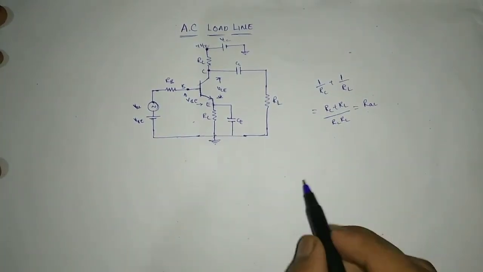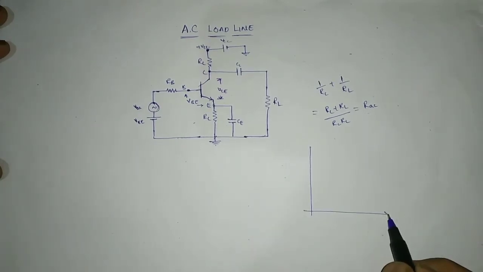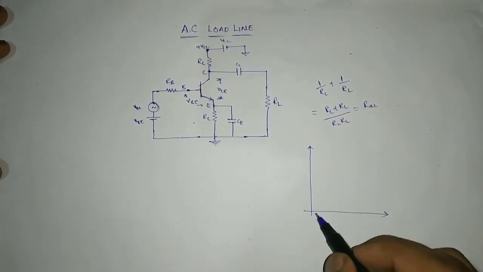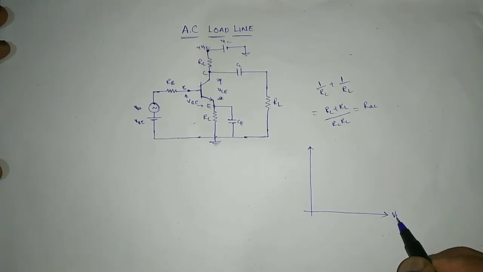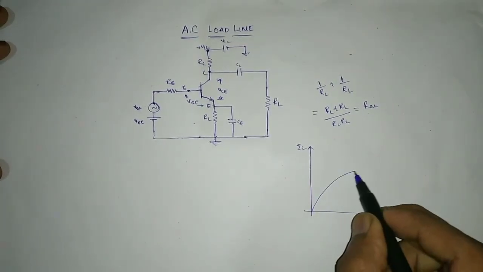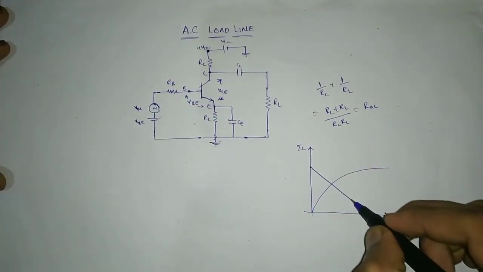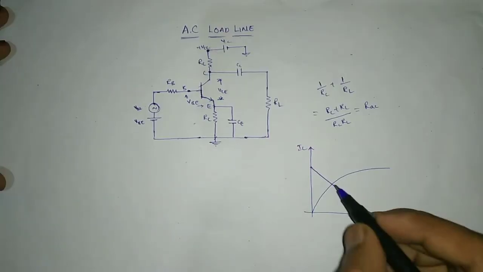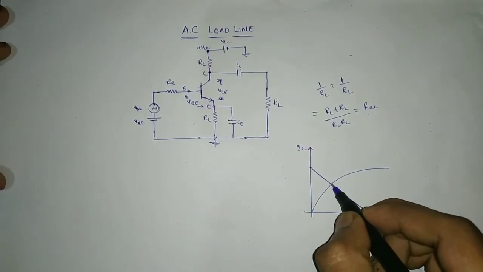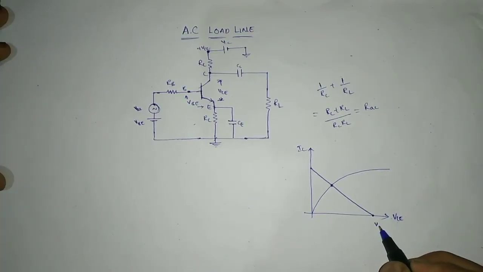Now previously we have drawn characteristic curves of CE mode amplifier, and we have found the DC load line. Now let us assume this as a Q point. This is the point VCC, 0.